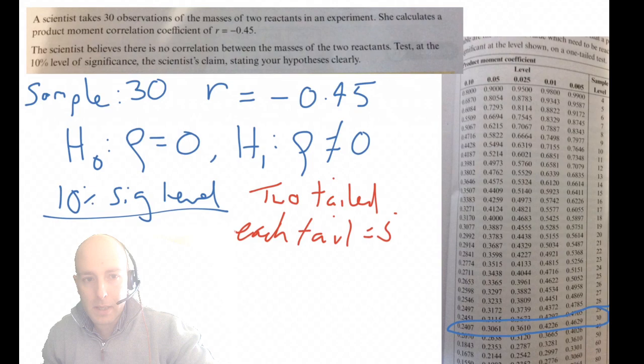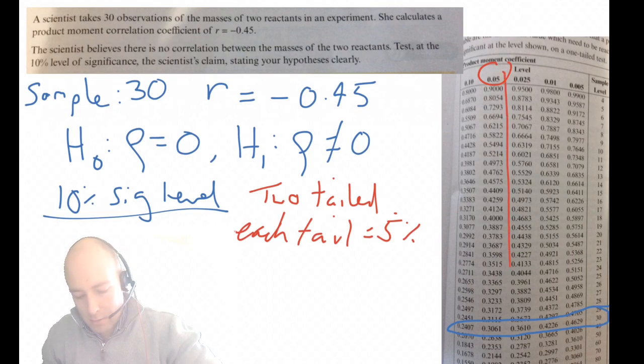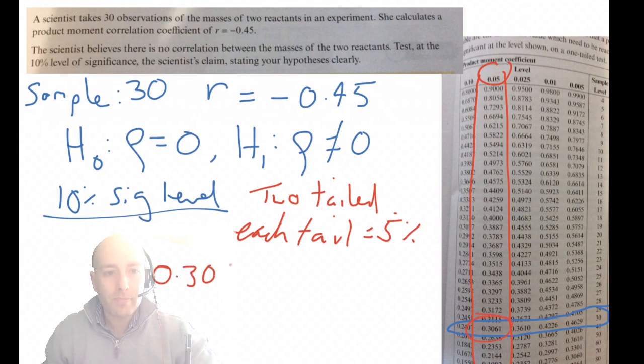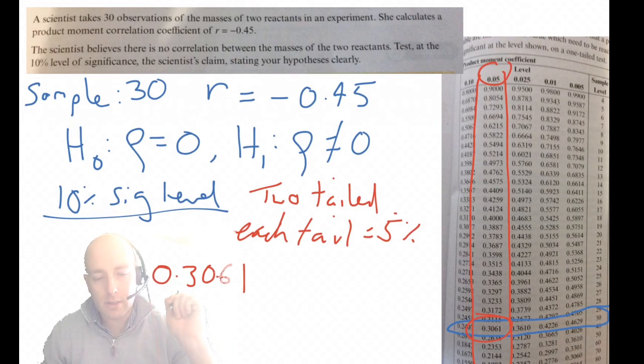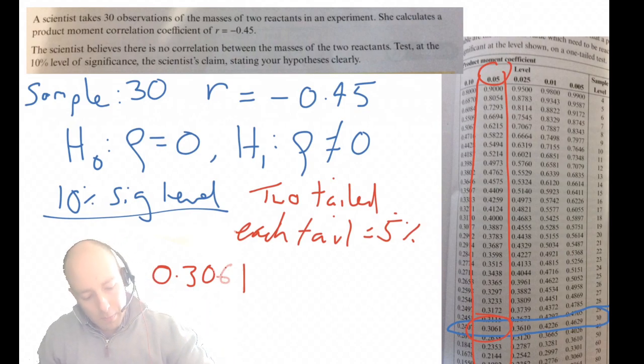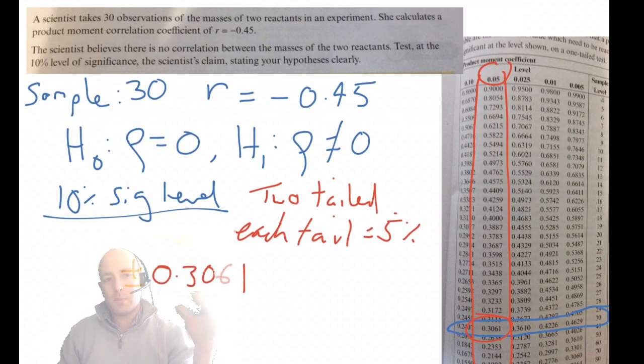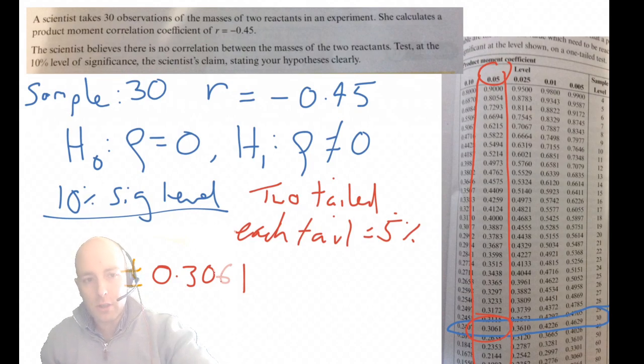So if I look for the 5% level on my table at the top, there it is. So that's the column we're looking down. And then we want the value that's at the 5% level with a sample of 30, which is there, 0.3061. Now that is our critical value. So it could be plus that or minus that, because we're looking for two different tails, positive correlation or negative correlation.